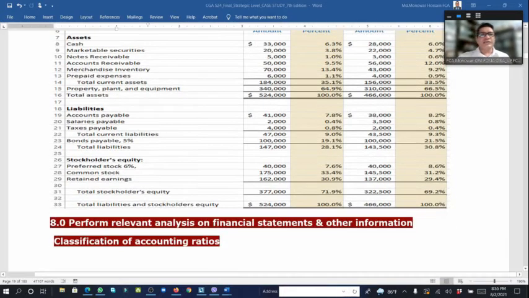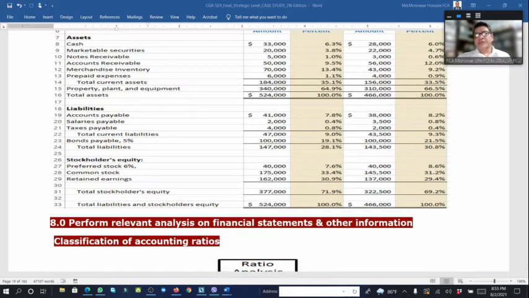For example, if you see the liability side, total liability is 30%. Liability and stockholder equity together are 100%. Look here, accounts payable in the previous year was 8.2% of total, but this year 7.8%. So what is happening here? What would we understand based on the analysis?